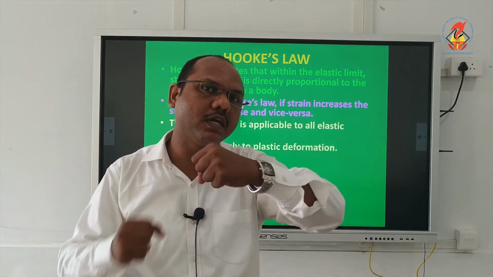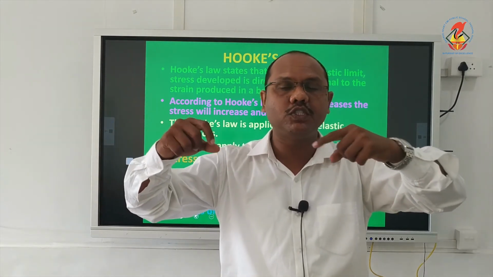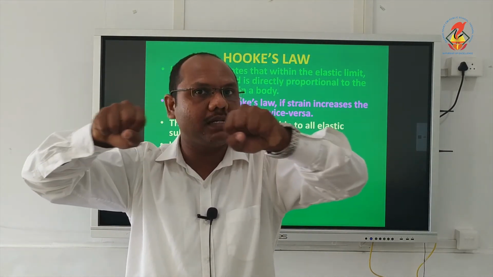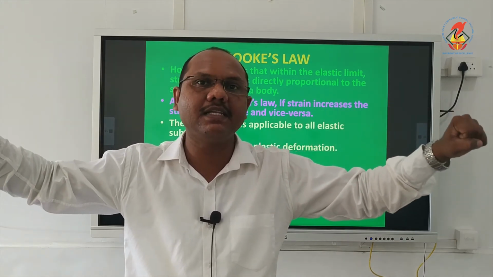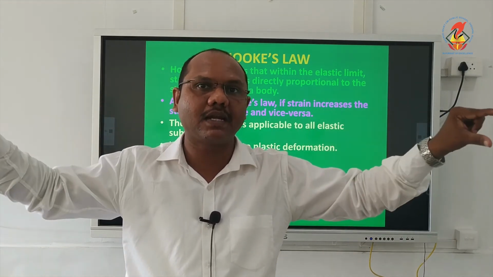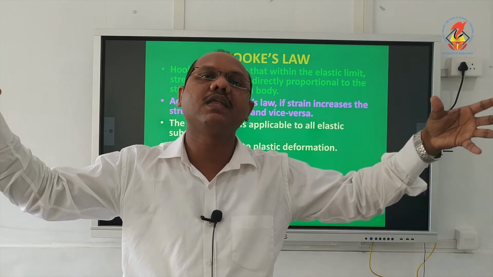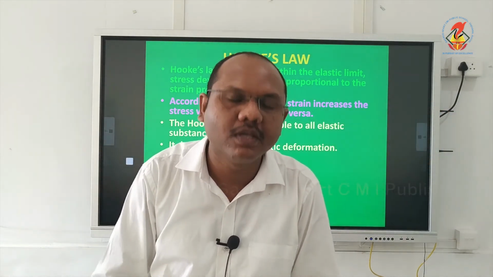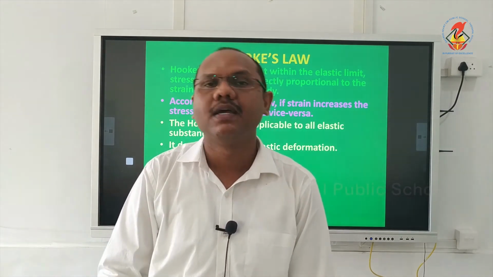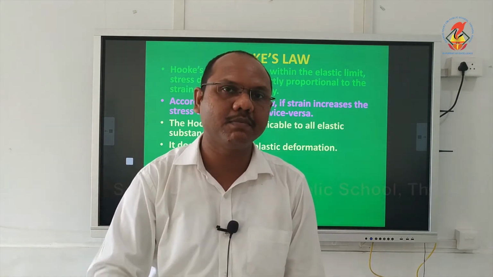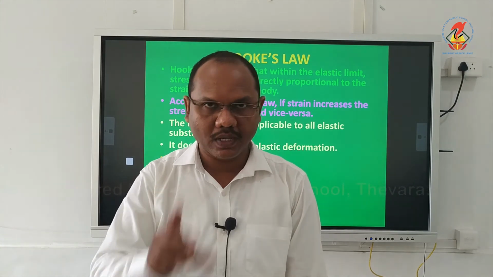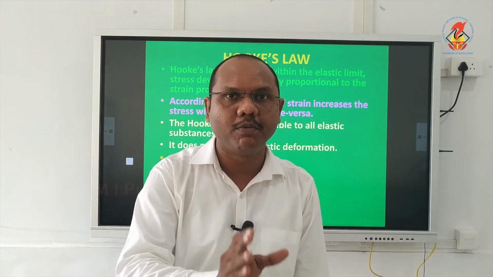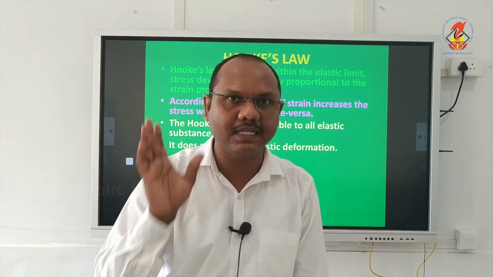When you apply more and more force, you can see that the spring nature itself will go, and when you extend it in such a way that the spring becomes a straight wire, and then when you release it, will it come back to the normal spring again? Never. It has crossed the elastic limit. So elastic limit means it is the limit up to which the body shows its elastic nature.